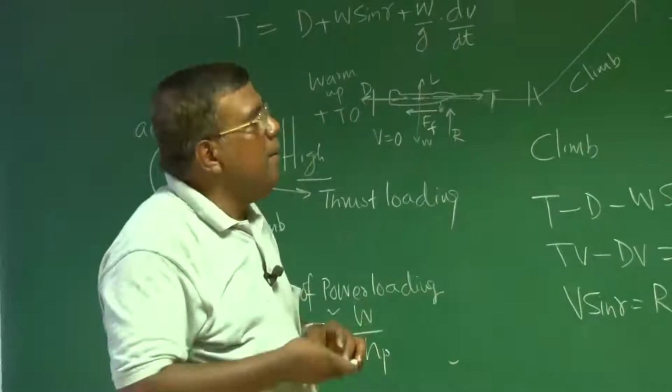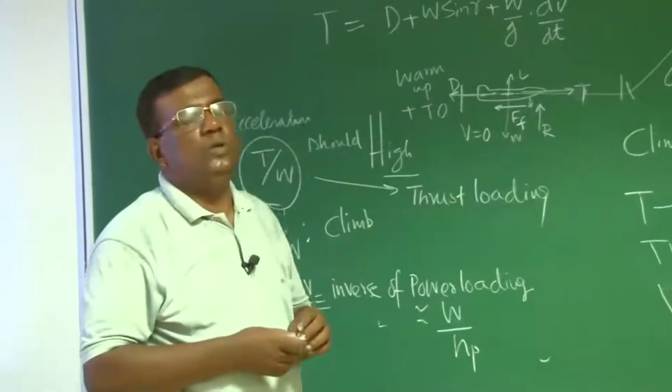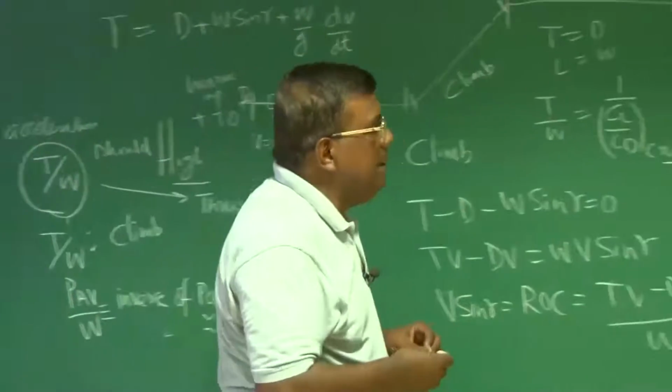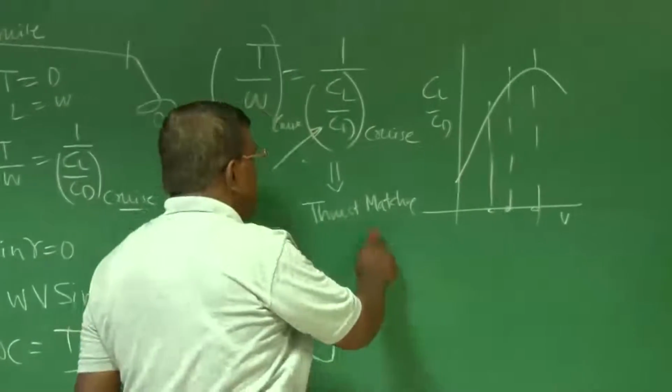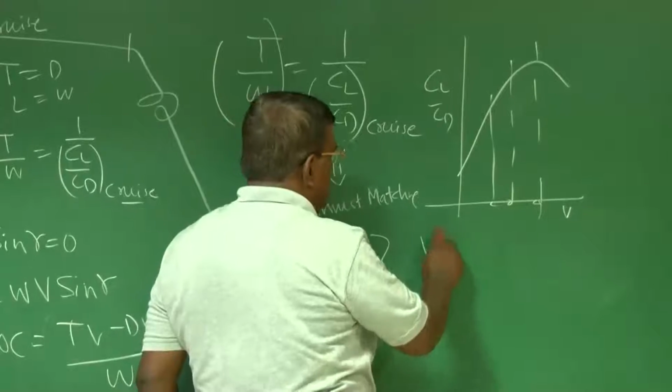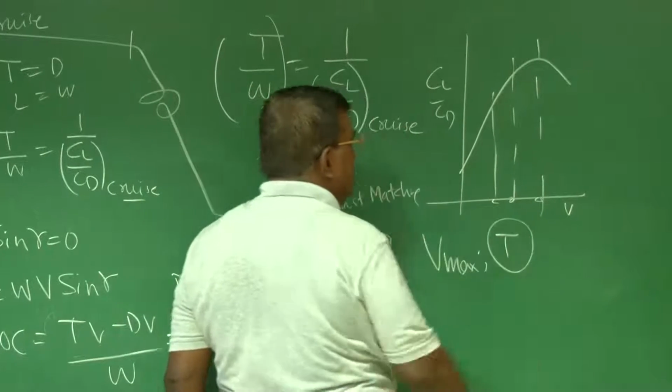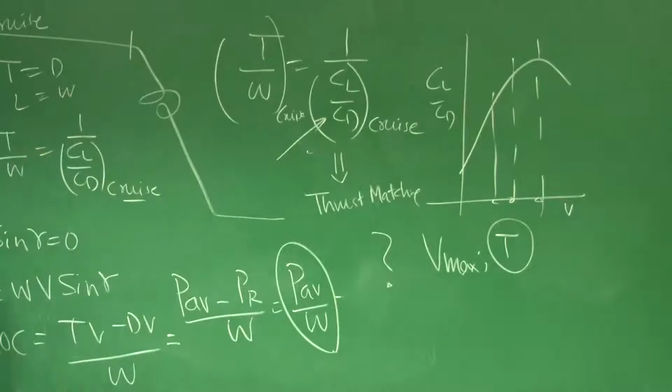So what I am saying, assuming that structure is good enough to withstand a design Vmax, the question is, for Vmax, whether my thrust is sufficient or not, or the power is sufficient or not, right?